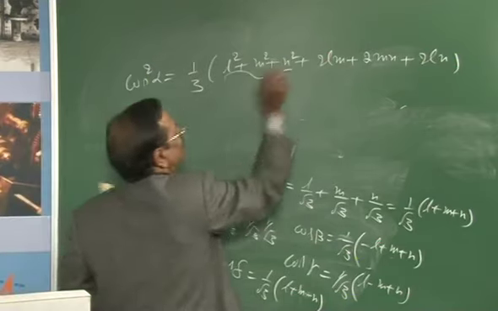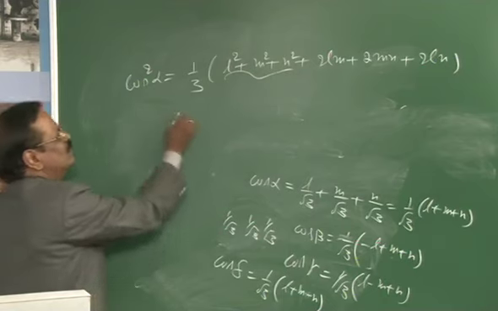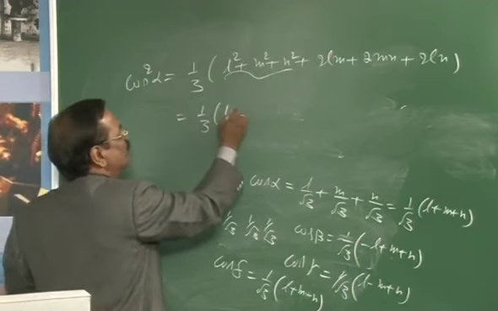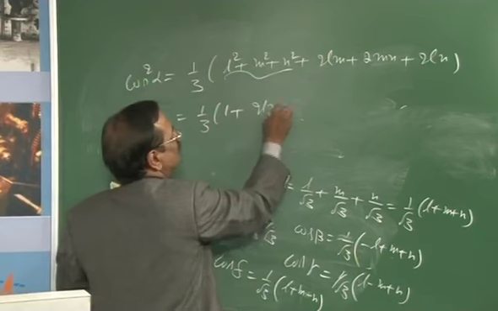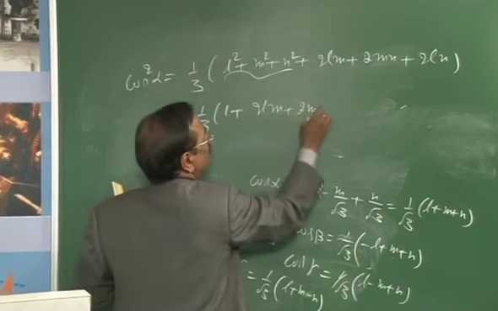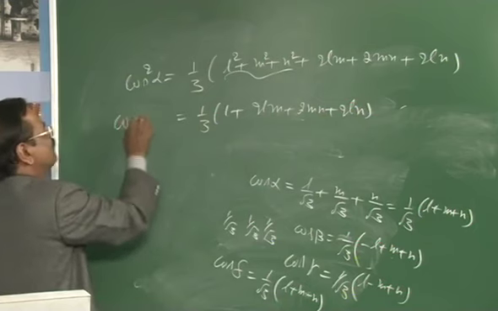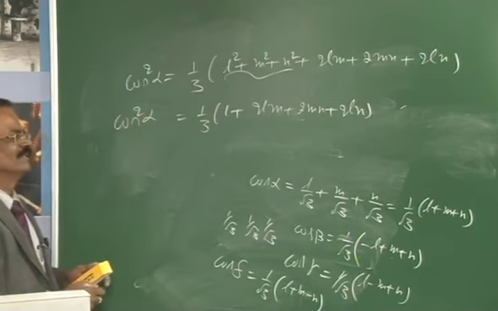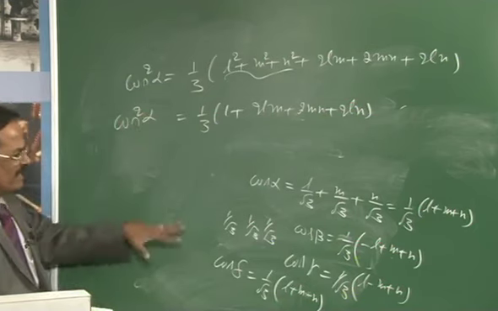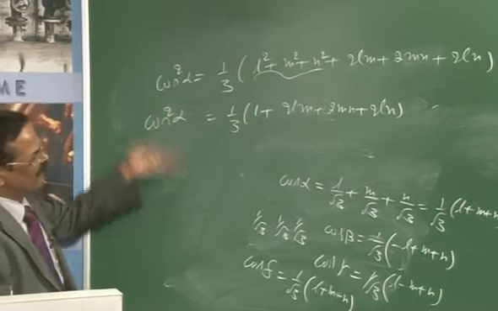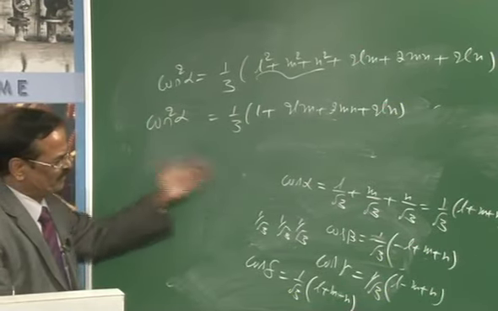Observe here, this one I have proved just now. So, it is going to be 1 by 3 into 1 plus 2Lm plus 2Mn plus 2Ln. This is cos squared alpha, that is what I want. And now you need not show all the steps for the simplification.